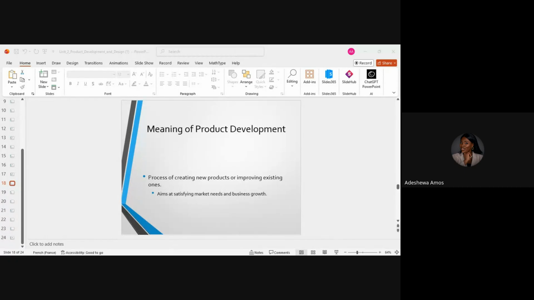So the customization is like you are creating. With customization, you are doing it based on the taste and preference of a particular group of people.